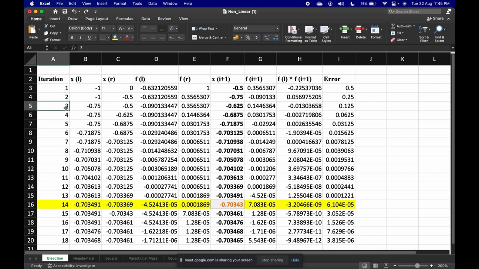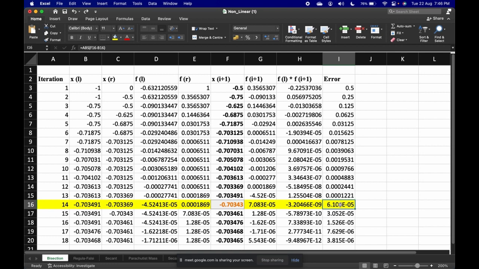Here if you see, if we say go for an error less than 10 raised to minus 3, you could have stopped it here also. 10 raised to minus 3 means you have to go till here.